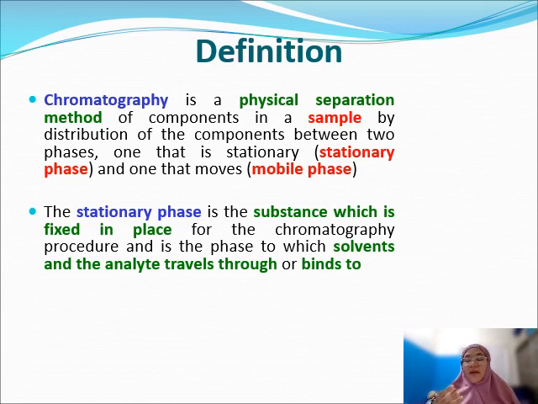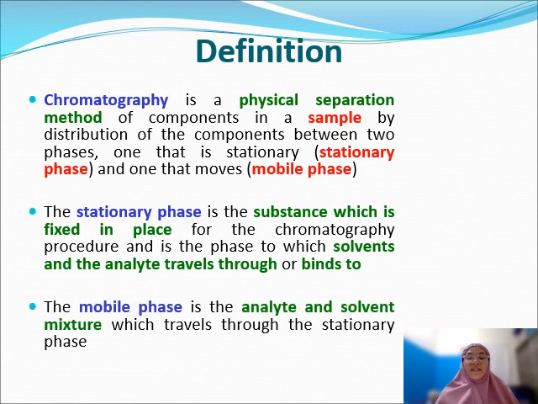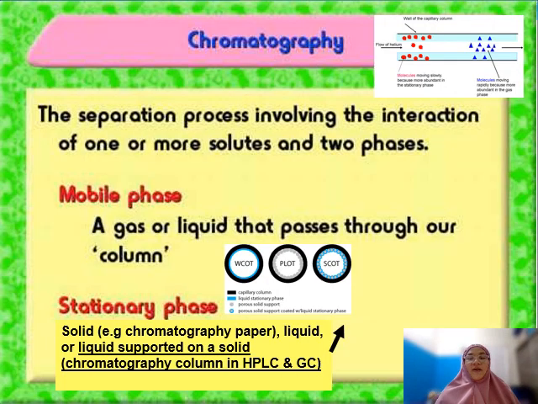For example, kita nampak tadi paper, thin layer chromatography, the paper. So the paper will be the stationary phase, di mana the mobile phase will run through the stationary phase, bring the sample mixture to separate them to 5 different components of compounds. Okay, and the mobile phase is the analyte and solvent mixture which will travel through the stationary phase.